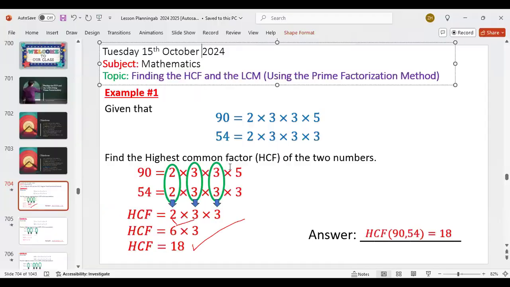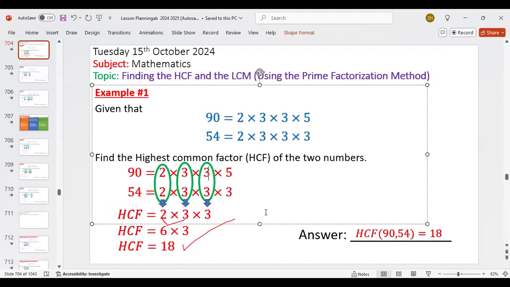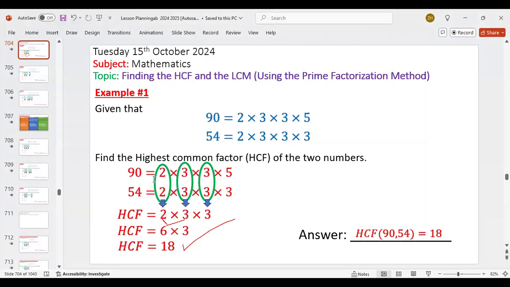Let me show you again how we get 18. The first thing that we did is we list the prime factorization of the two numbers. Then we circle the twos, and we group the common factors. So we group this 2 and this, and it counts for 1, 2.